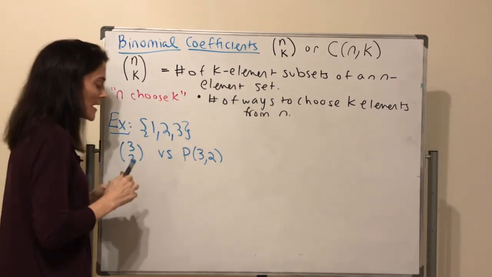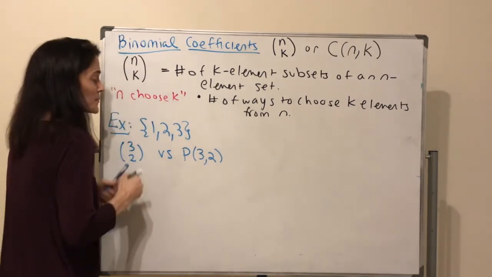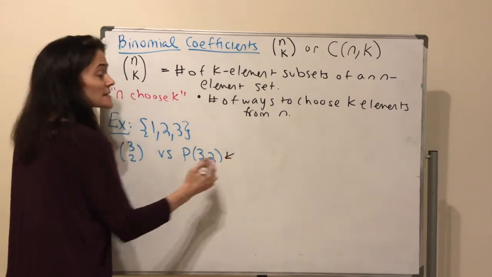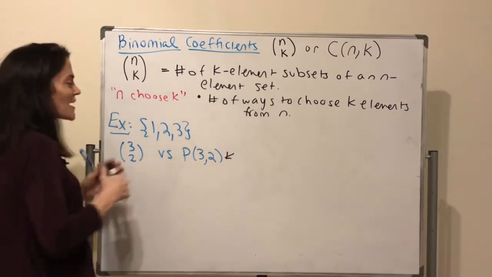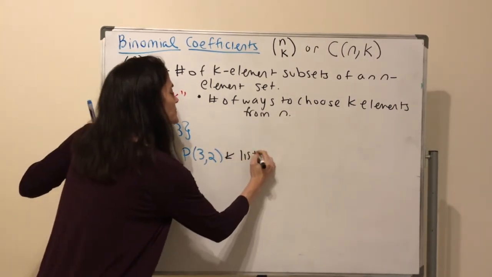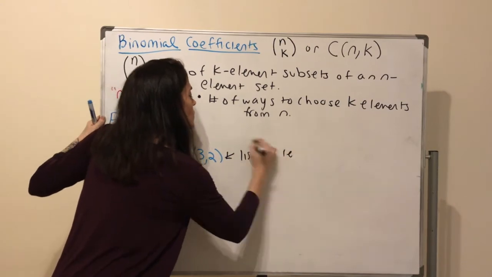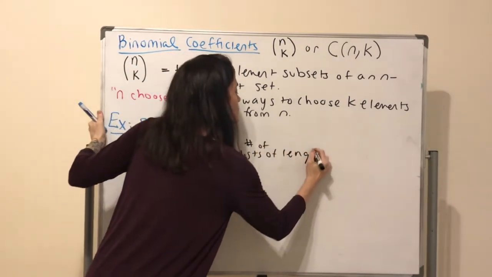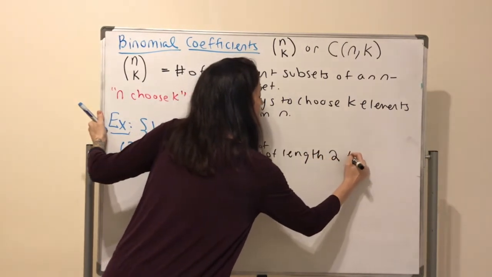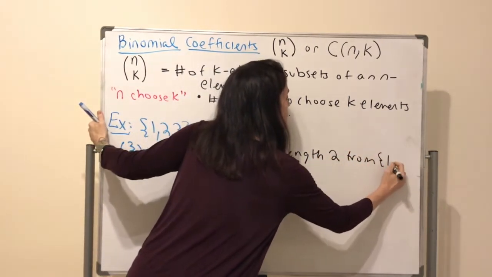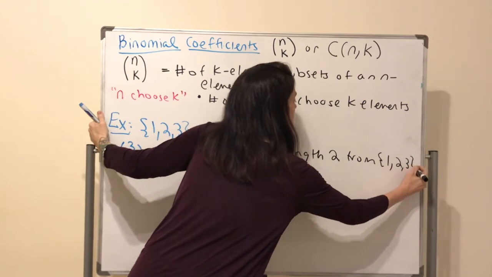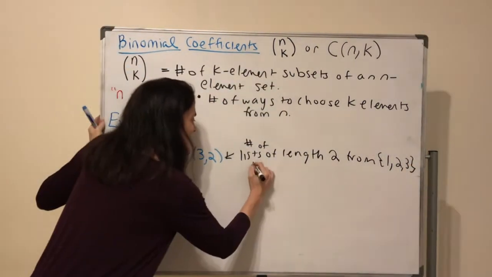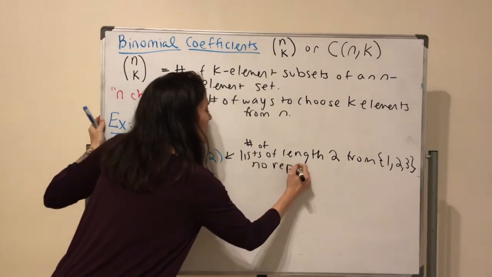But this other thing, P(3, 2), was the number of lists of length 2 from this set {1, 2, 3}, with no repetition, and this was an important part.